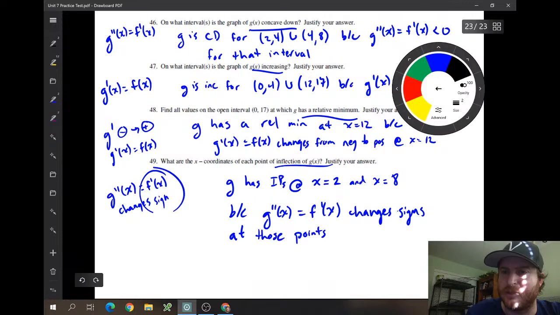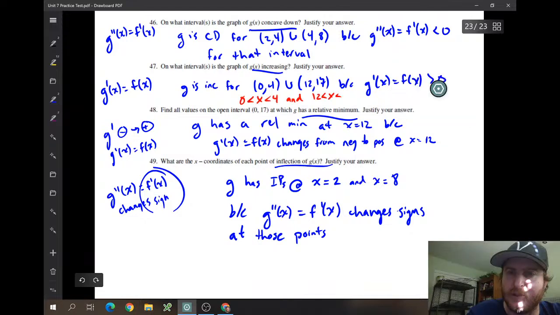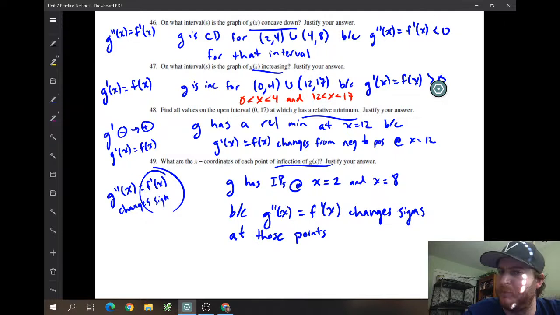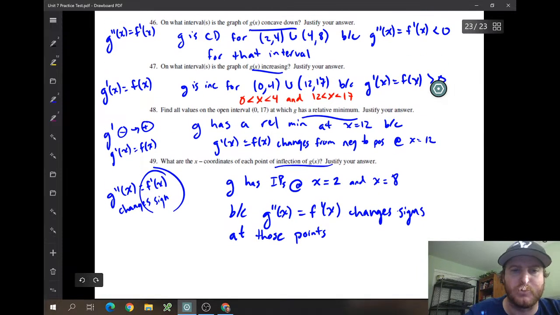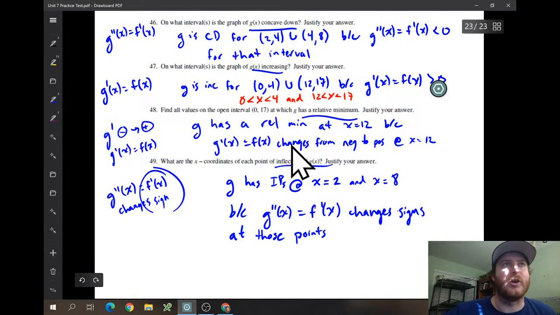If you instead would rather write 0 less than x less than 4 and 12 less than x less than 17, you'll also get full credit. So either way is fine. The answer keys actually even sometimes write it either way. It's just a preference. They mean the exact same thing, so you'll get the same points. So it's just whichever way you prefer. A good question. Thank you, Brandon.